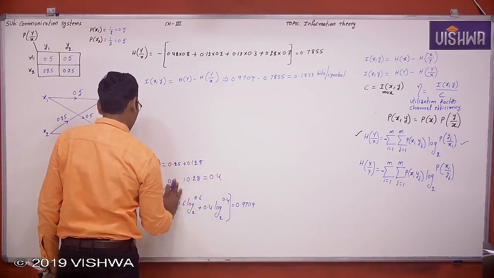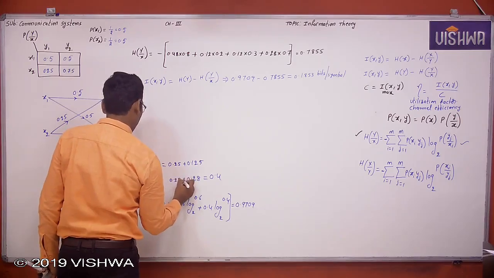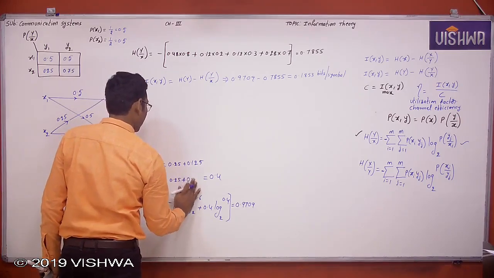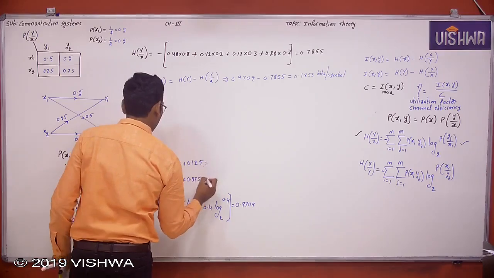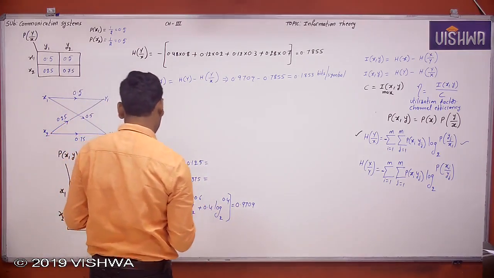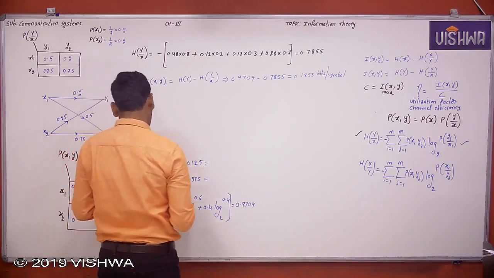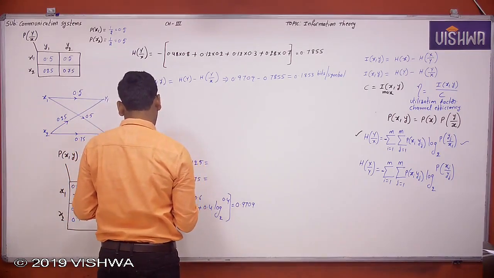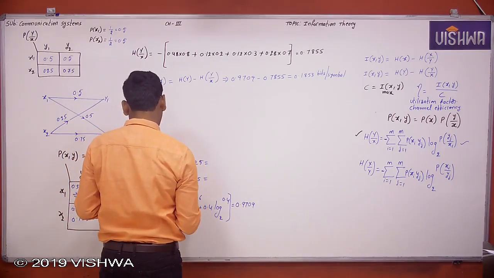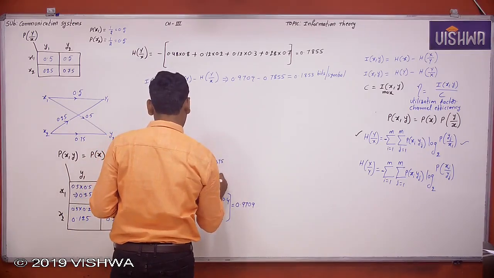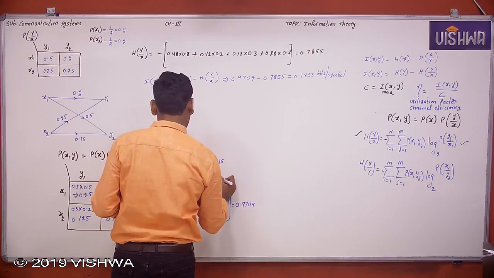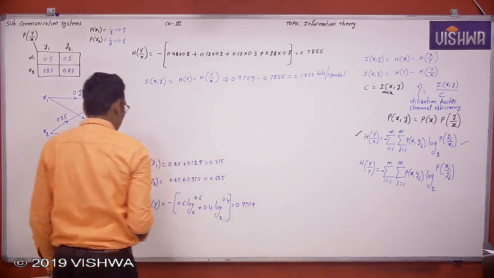Now P of Y2, 0.25 plus 0.375. So P of Y1 is 0.375 and P of Y2 is 0.625. Okay.